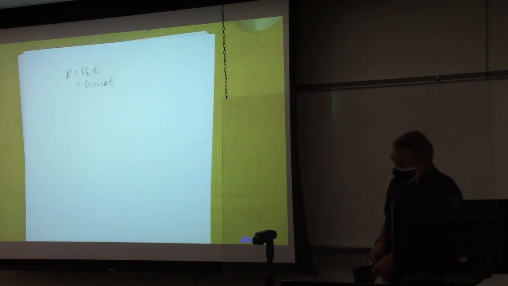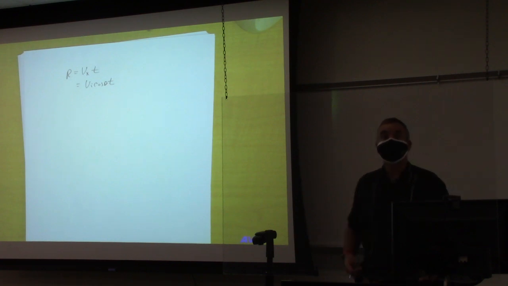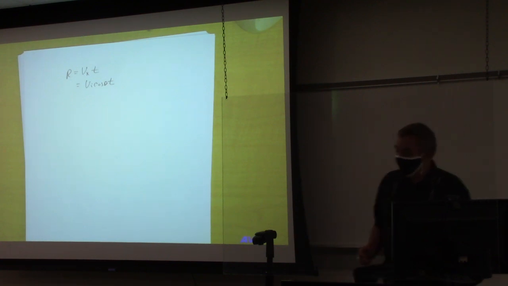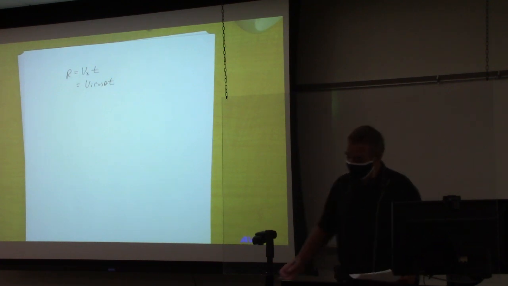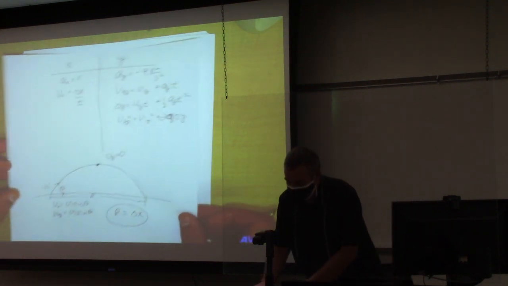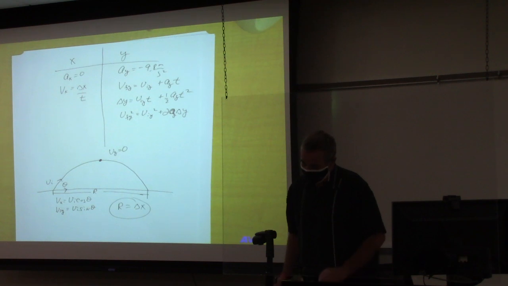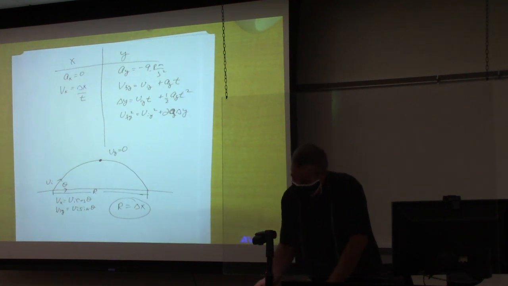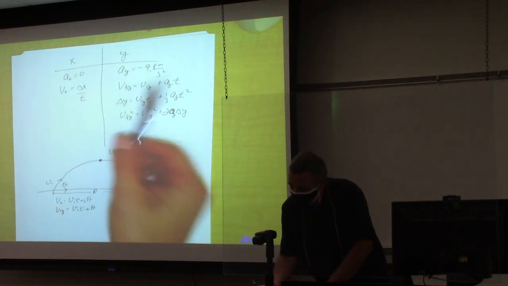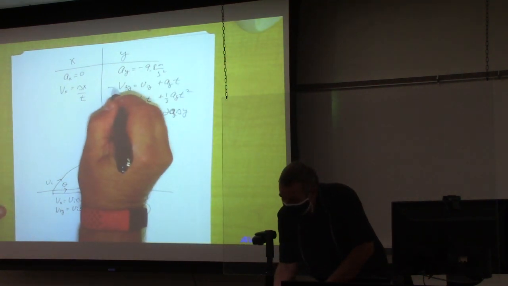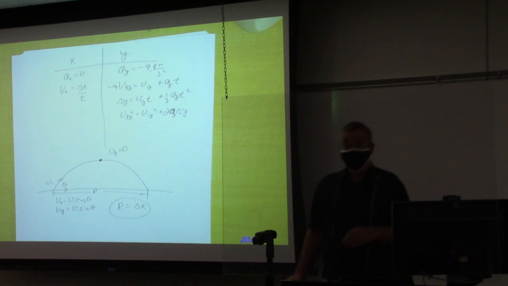But I don't want to have to measure the time again, so I'm going to have to eliminate time from the equation. So maybe I could use the y direction to get the time. So here's all the kinematics equations that I had. So at the highest point, if you remember, the highest point, the y velocity was 0. So let me actually use this kinematics equation to eliminate time.